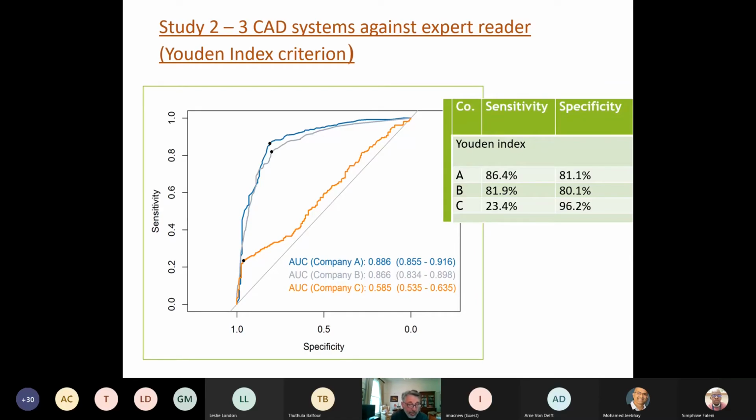Only 2 of the companies were able to achieve relatively high agreement, area under the curve, the blue curve and the grey curve. The 3rd company, for some reason, we don't know what happened, but you can see that it really fell out of contention. And now we need to calculate sensitivity and specificity.